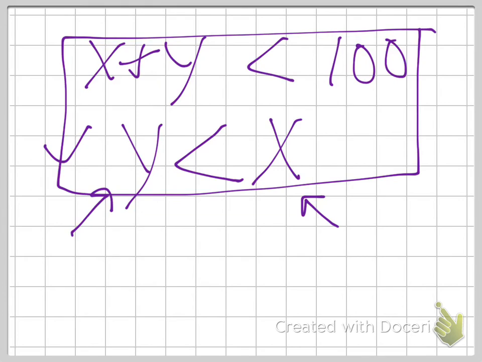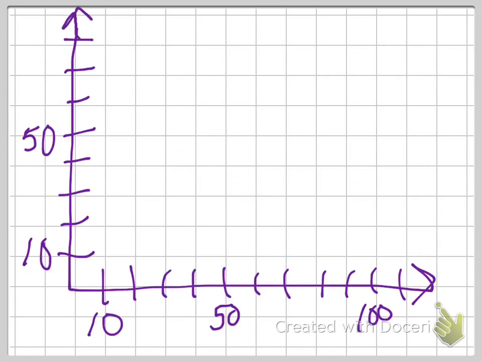If I have Y is less than X, what is my Y-intercept? If there's nothing there, it is 0. Remember, when there's nothing there, the Y-intercept is 0. So we're going to go to the next page. We're going to start on 0, and I'm going to go up by 1.